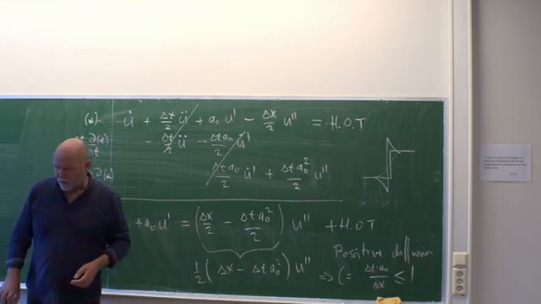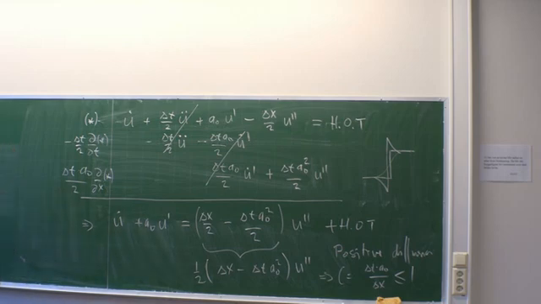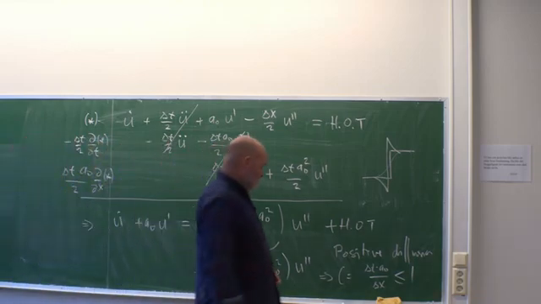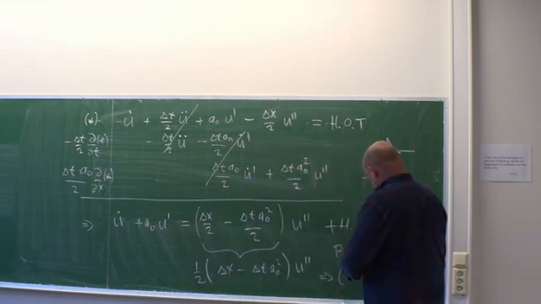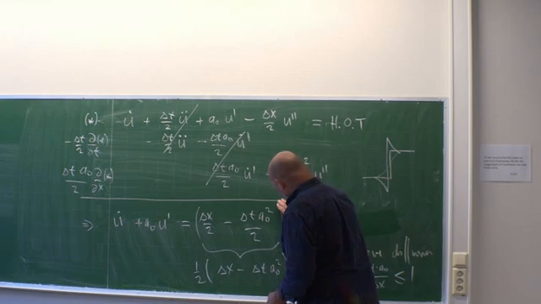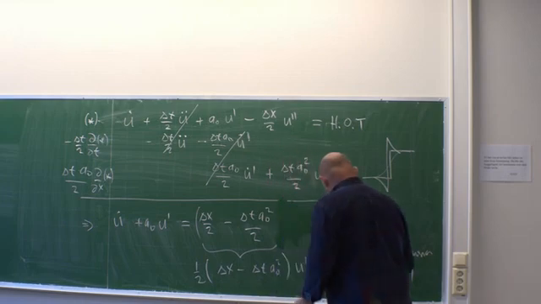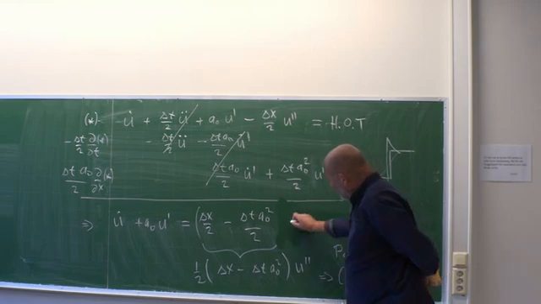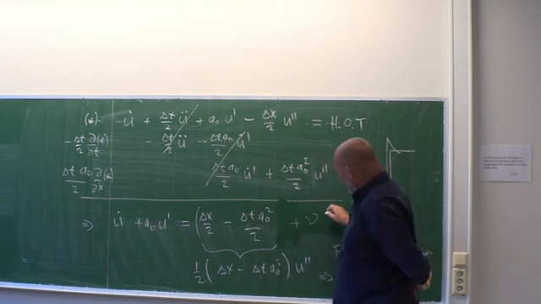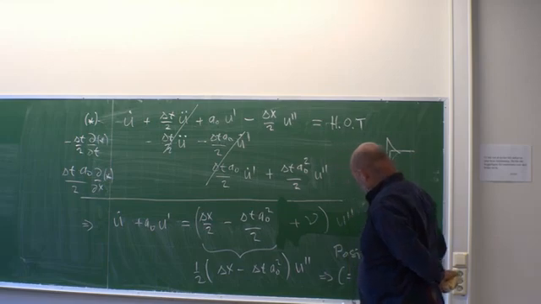Now imagine you had a problem using viscosity as well. Then you have an additional term in this equation. Then you will have something like this. You'll have the kinematic viscosity and then the double derivative.